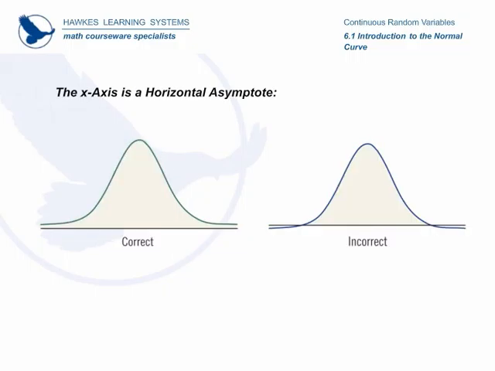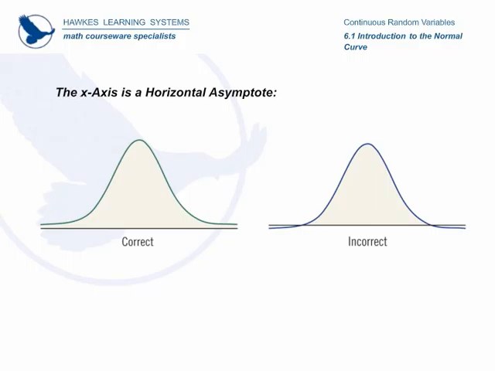Now for some preliminaries, we see that our bell-shaped curve on the left as we face the screen is correct. The x-axis is a horizontal asymptote, meaning that the tails of the curve come near but don't touch our baseline.